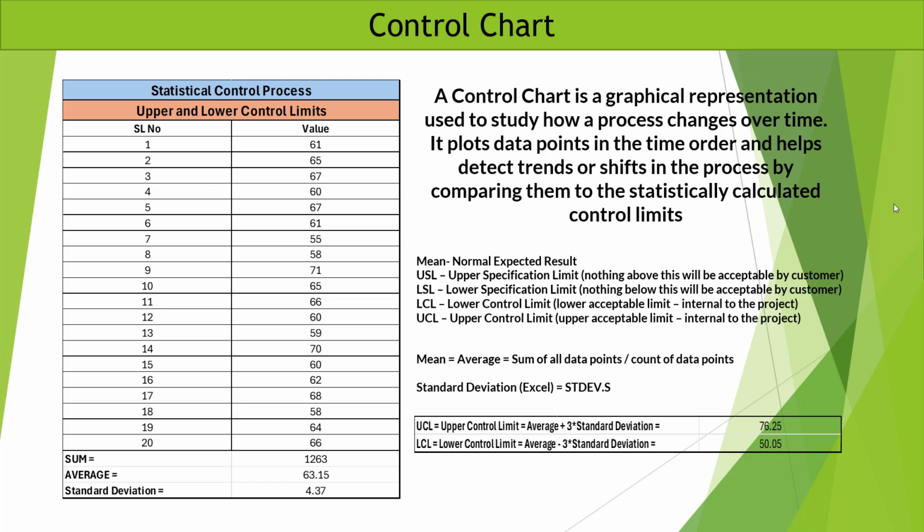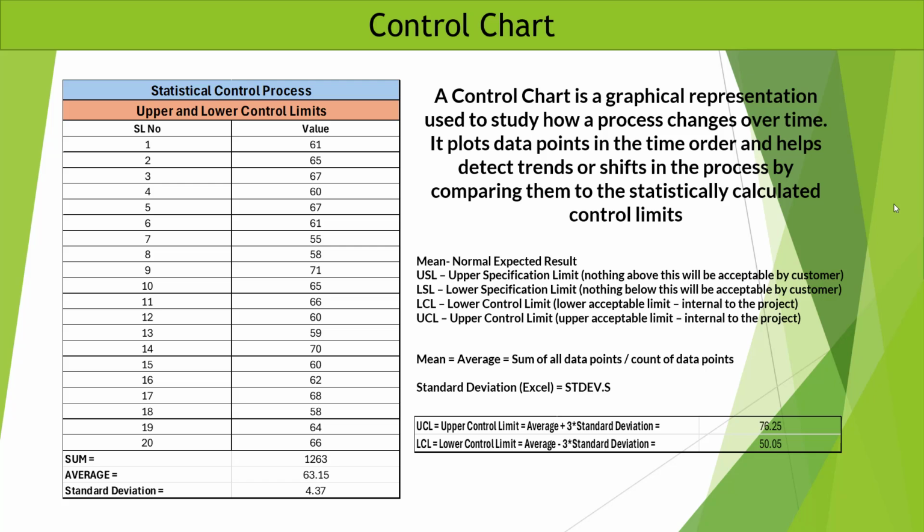There are certain control limits which are already identified or decided during the very start of the project, and that decision is taken in consideration with the customer or the client for which the project is getting created, correct?